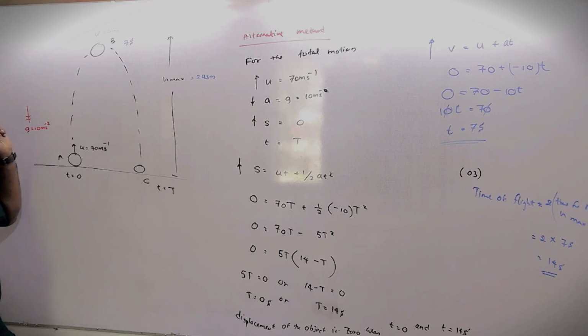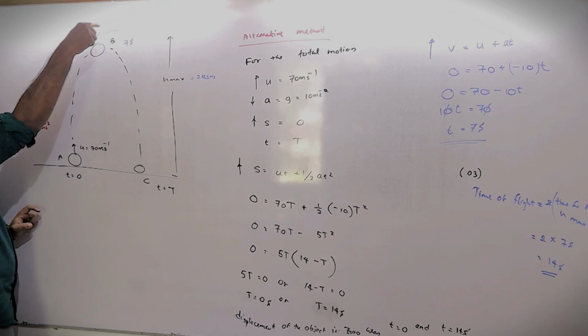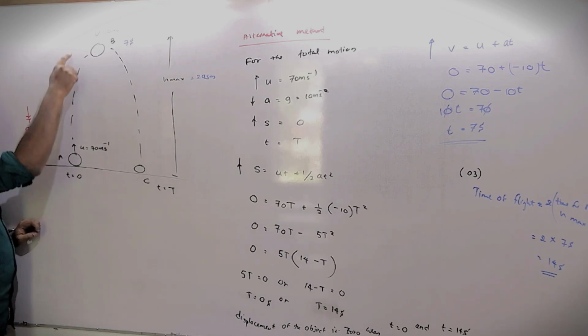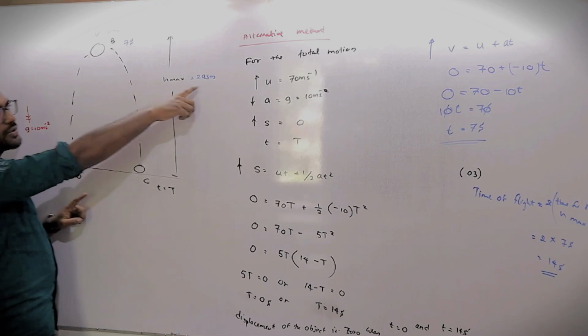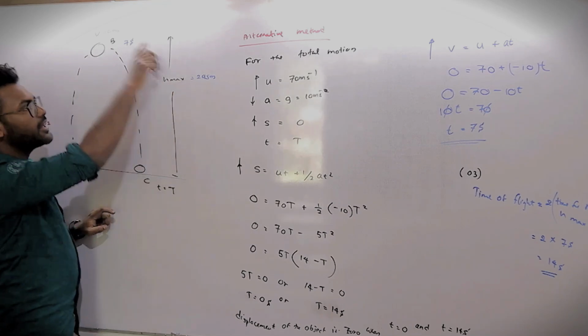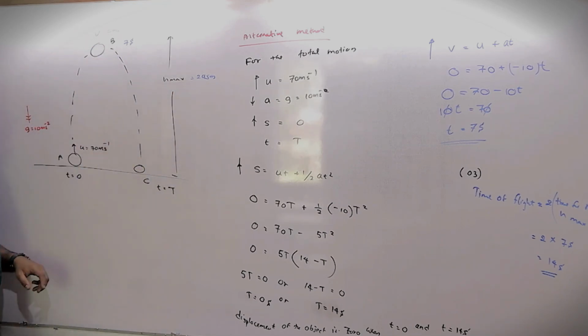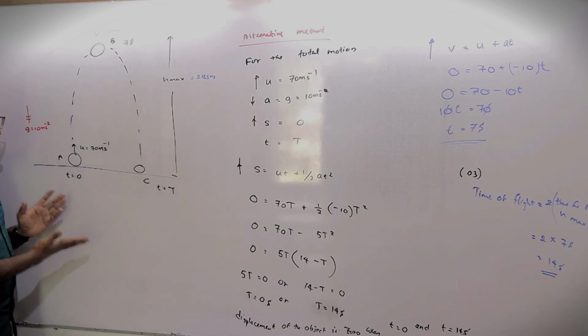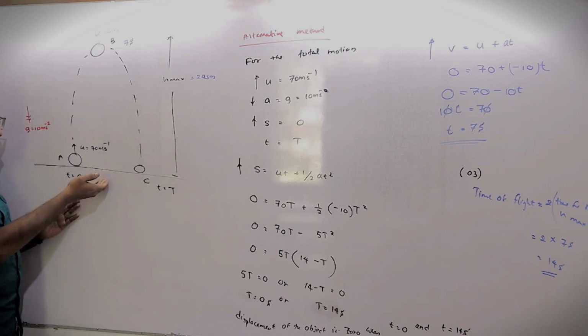So, for the distance, we should consider only the magnitude, right? How far it has been moved in a certain path. This is the path, how far it has been moved. From here to here, from A to B, it is 245, and another 245 when it is coming back. So, altogether it's 490. Displacement is 0, reach back to the initial level.